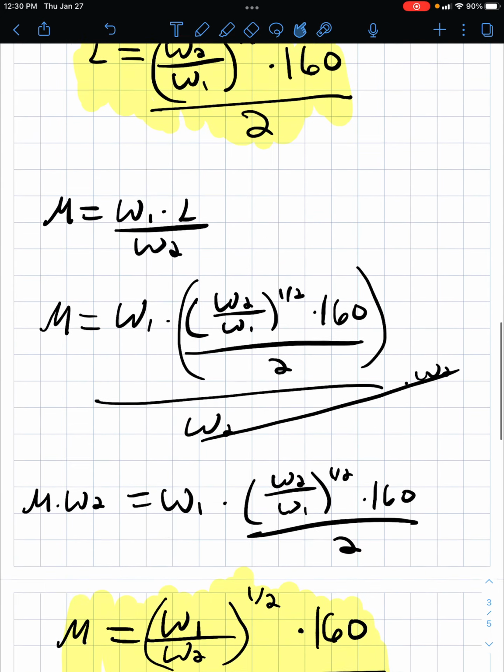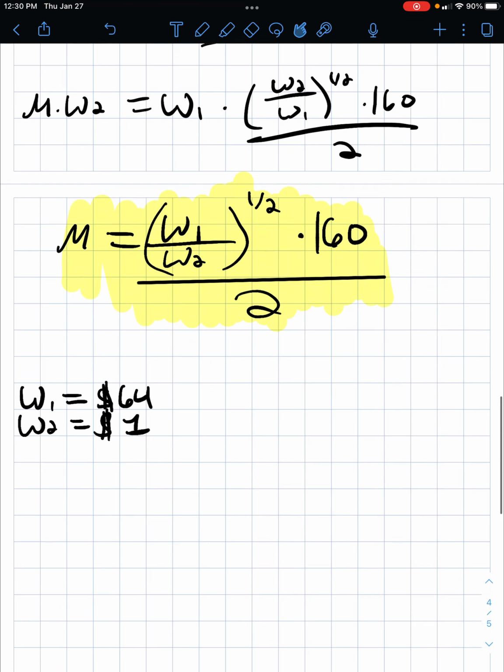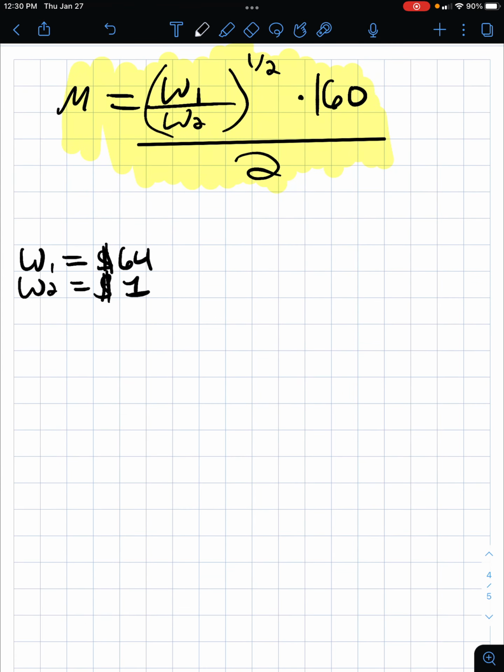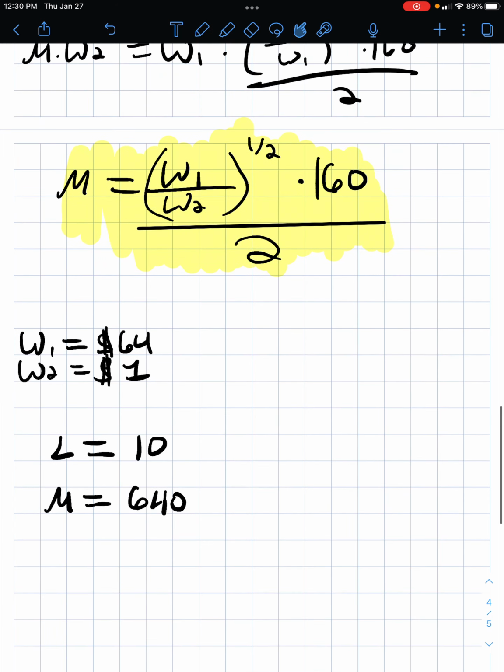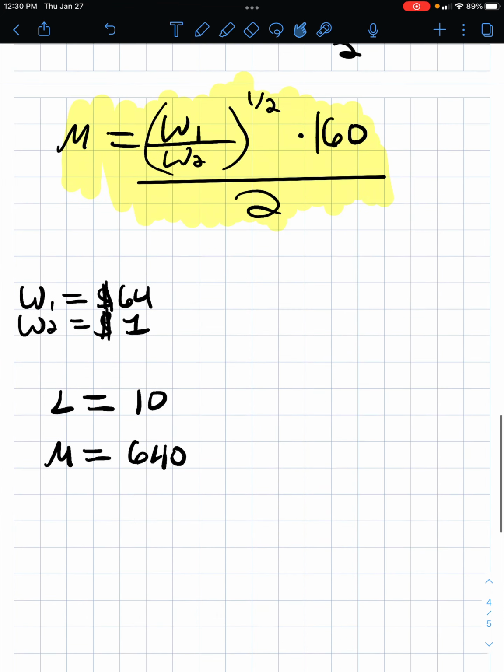If you plug both W1 and W2 into L and M, you find that L is going to be equal to 10, M is going to be equal to 640. So don't forget, plugging W1 and W2 into M gives you 640, and plugging W1 and W2 into L will give you 10.